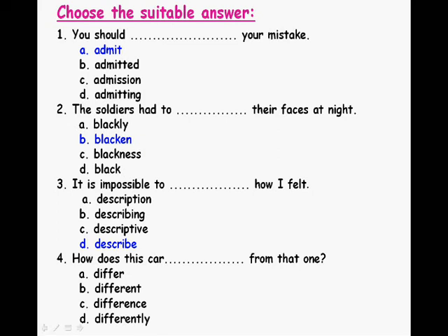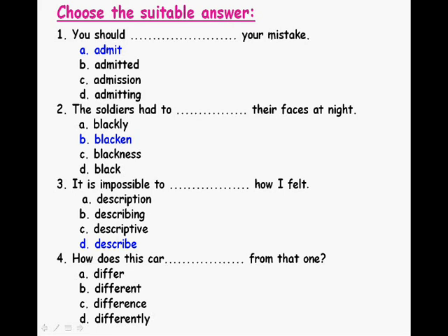Number 4. How does this car ___ from that one? We need to put a main verb here, okay? So there is no main verb in this question, okay? So, which word is the verb? Is it A, differ? B, different. C, difference. D, differently. I will read the sentence again.